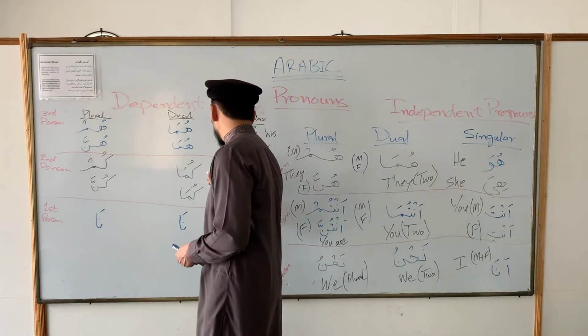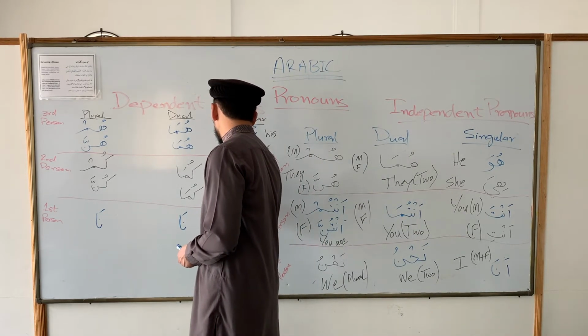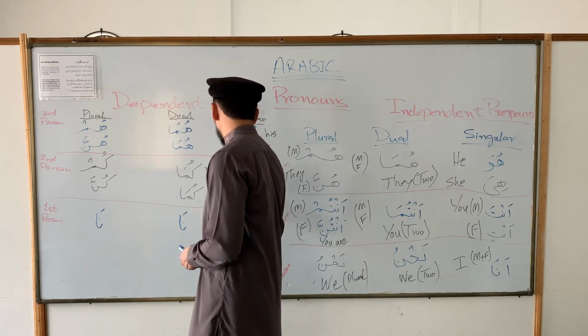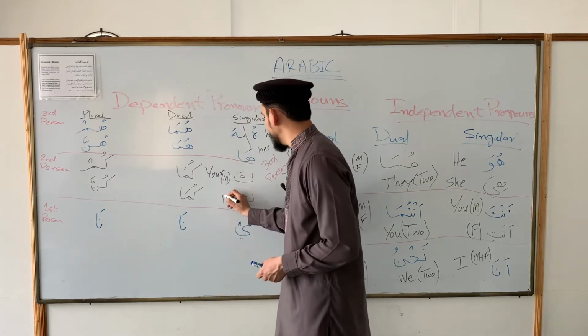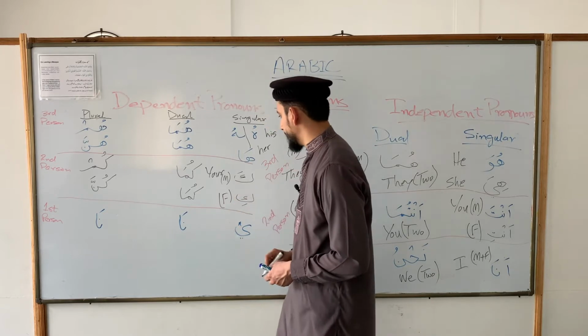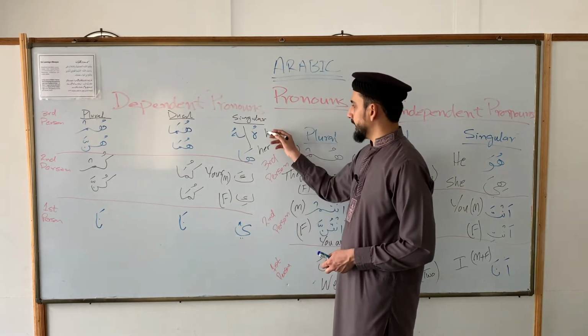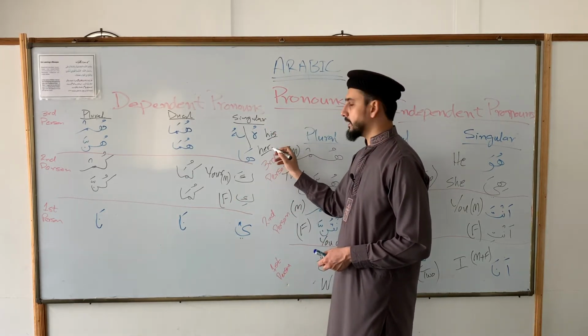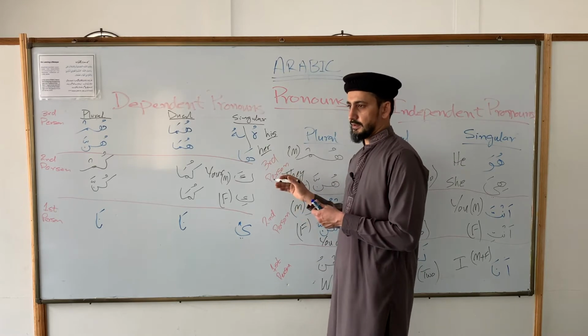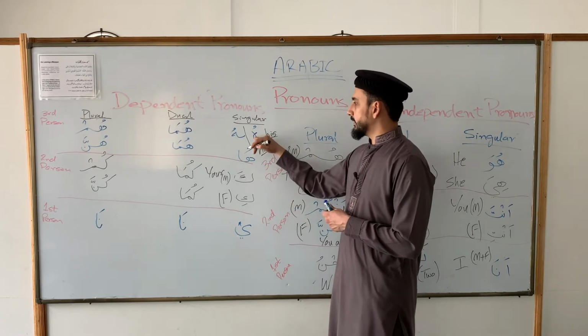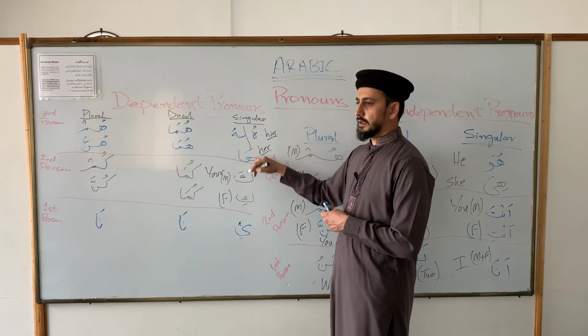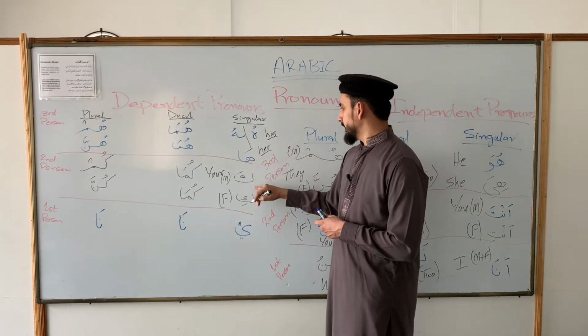So in English we have the same your, but ka is for the masculine and ki is for the feminine. In English we know his and her are two different genders. His is for male and her is for female. Same in Arabic, hu is for male, ha is for female.